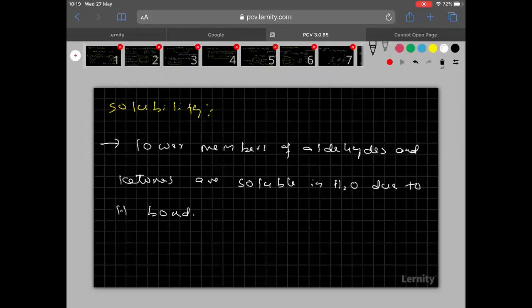But what happens is, as the length of the alkyl chain increases, the ability to form hydrogen bonding decreases. As a result, solubility also decreases.